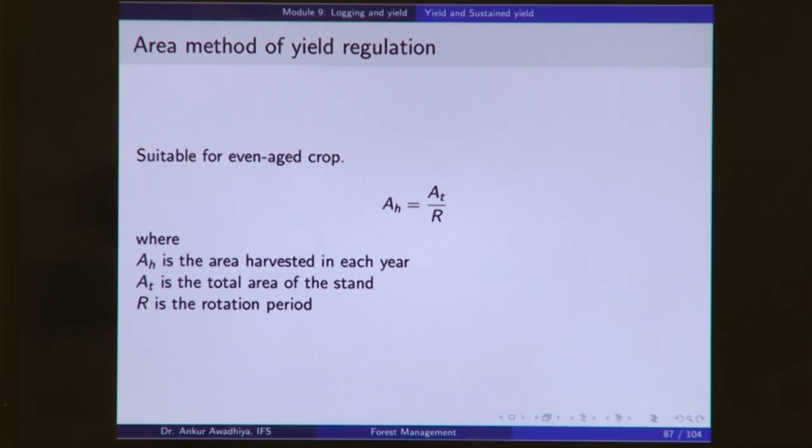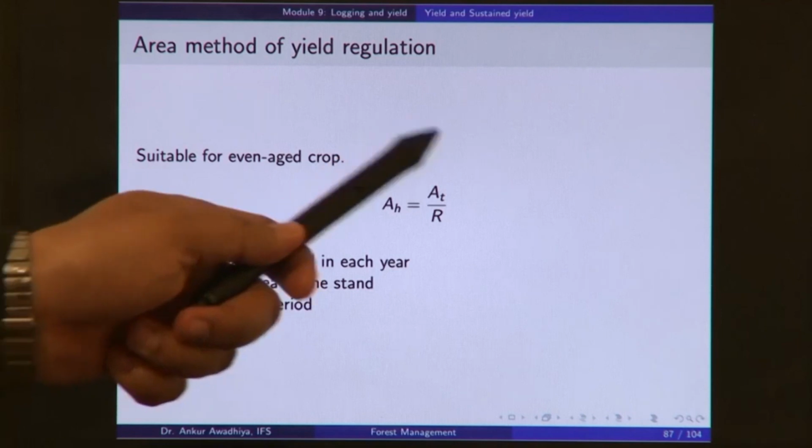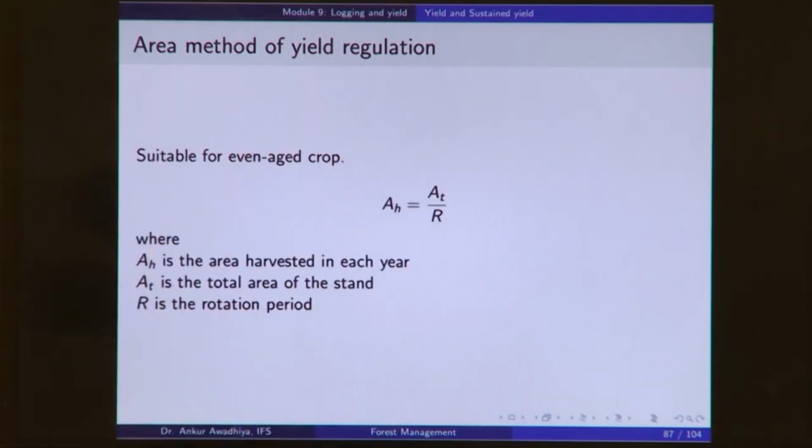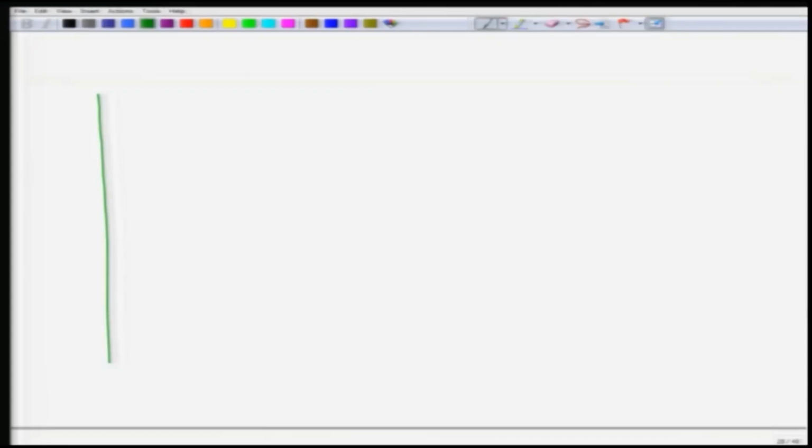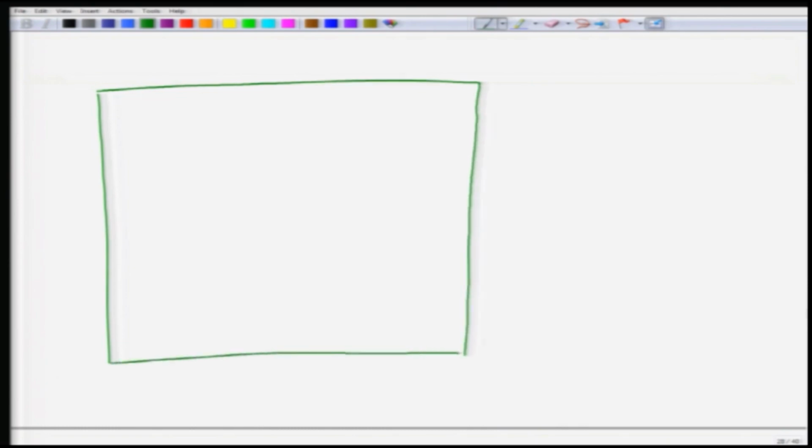Now, the area method says that in the case of an even aged forest, the area that should be harvested every year is equal to the total area divided by the rotation period. So, in the case of an even aged forest, suppose this is your forest and let us say the rotation age is 16 years.